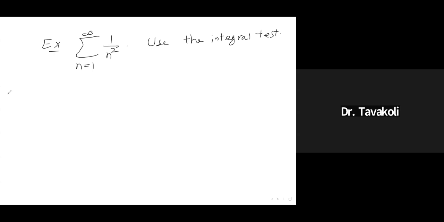So what function do you consider to integrate? Since at any n it should give me 1 over n squared, the decreasing function 1 over x squared is the function that we integrate to see whether it is convergent or divergent.